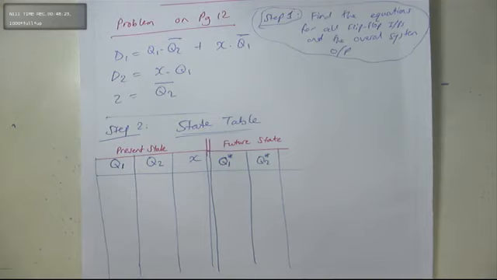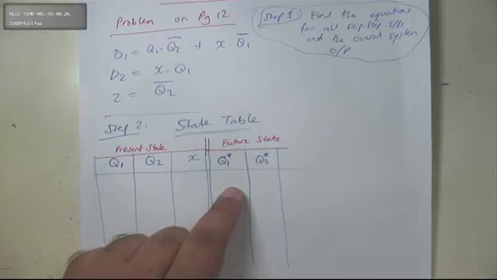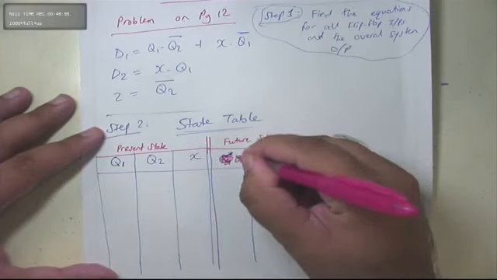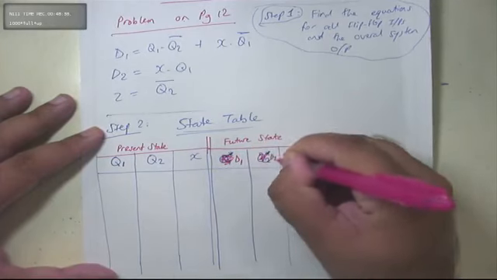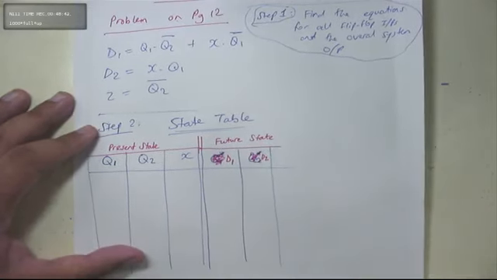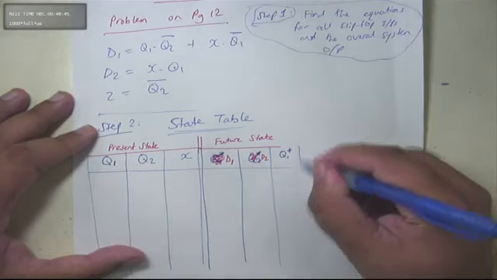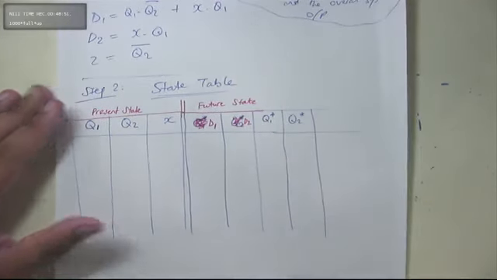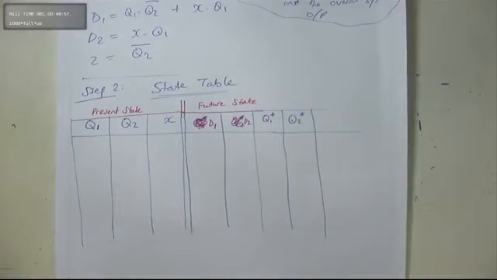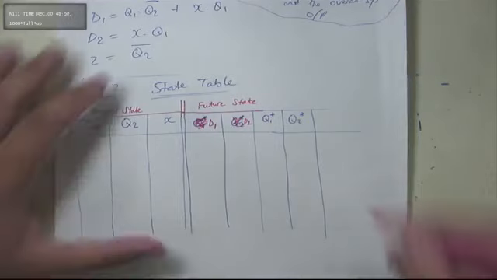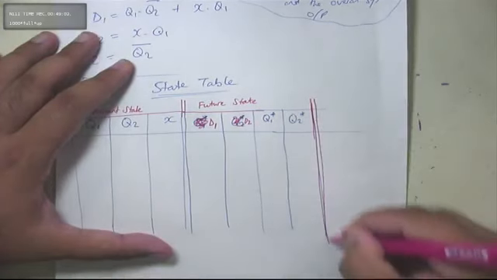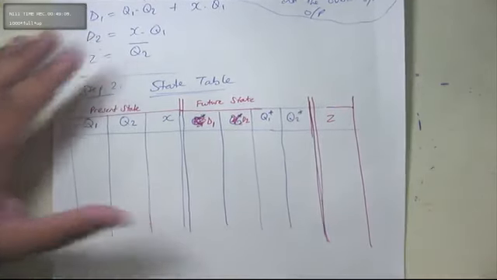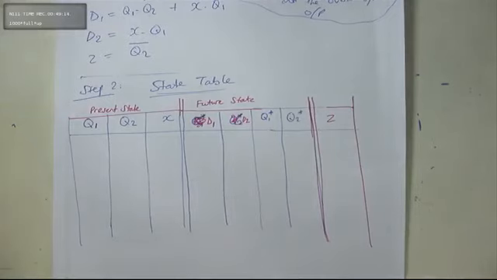Maybe I should correct that: let's say D1, D2, and then Q1 star, Q2 star, so that we put it in order. And then eventually you have an output.